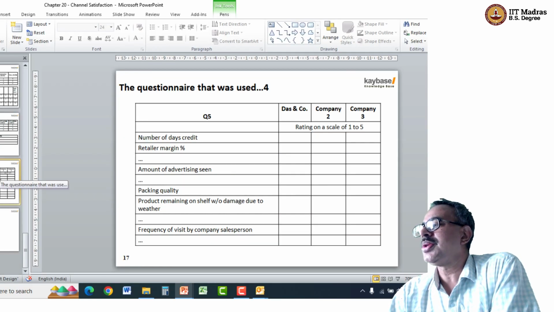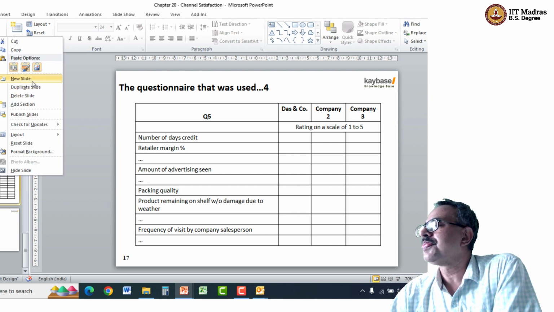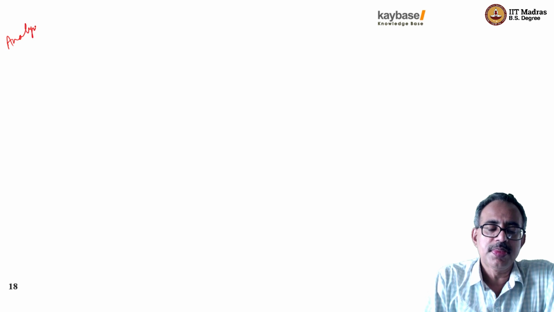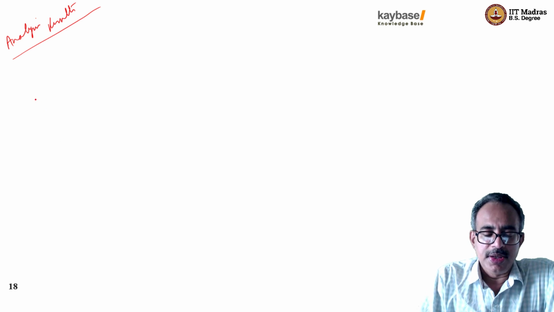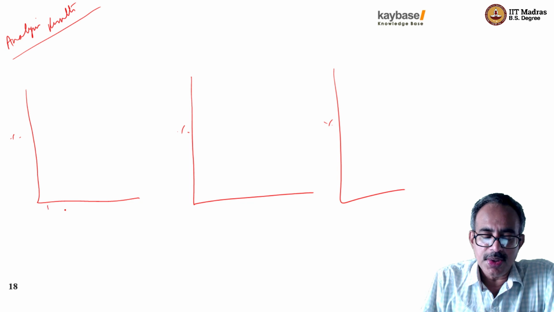As I've said several times, it's all about basics. It's basic class 10 mathematics, not really much more than that. So the typical results that we'll get from the analysis outputs are like this. If this is the satisfaction scale, percentage, 1, 2, 3, 4, 5.